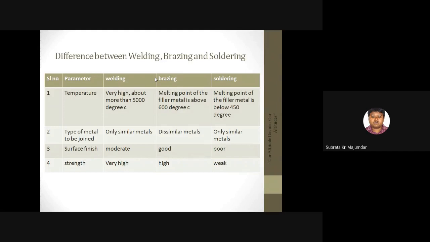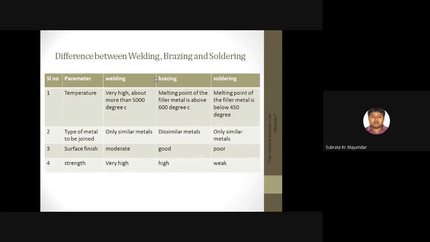In a single word, welding gives us a superior joining strength. Brazing has good, high strength, but not as high as welding. And if we go to soldering, it gives a weaker joint compared to the other two.